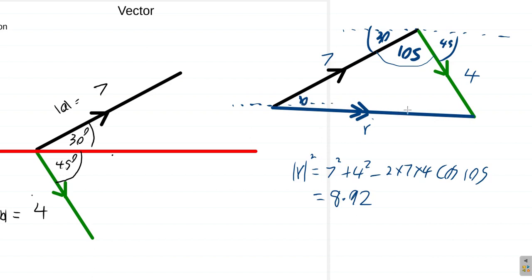The thing is, you want to know the angle of R as well. So if you find this angle here, what is the angle from A? Now this is 8.92, that is the resultant, the magnitude, I mean, I'm mixing myself up.